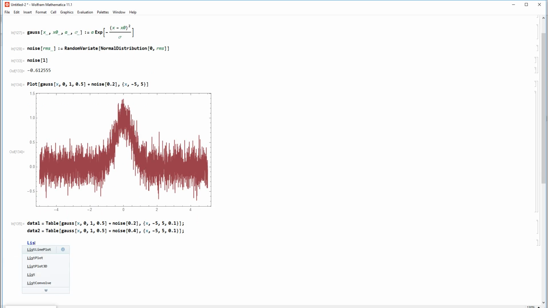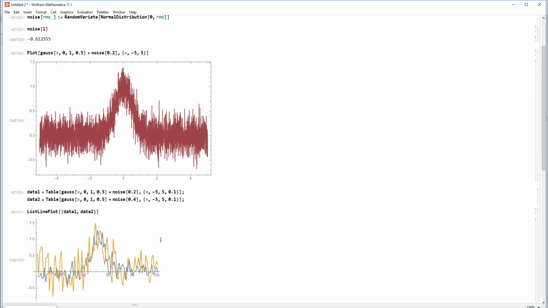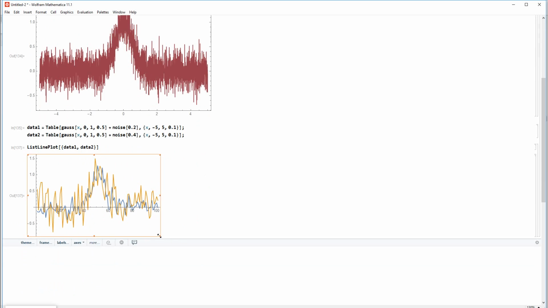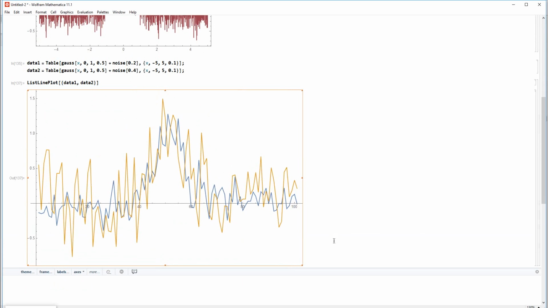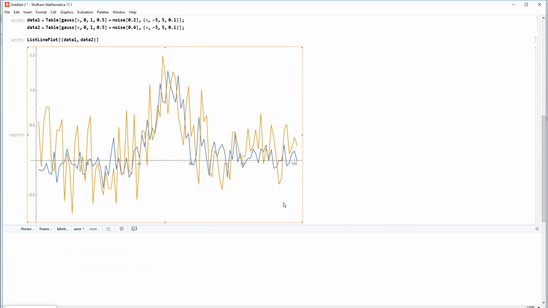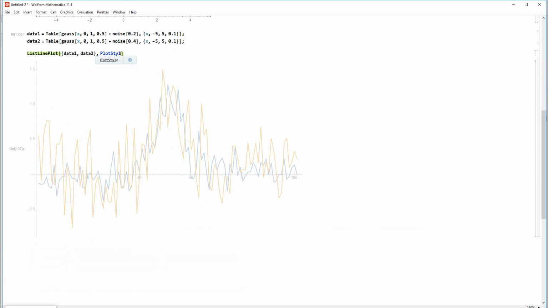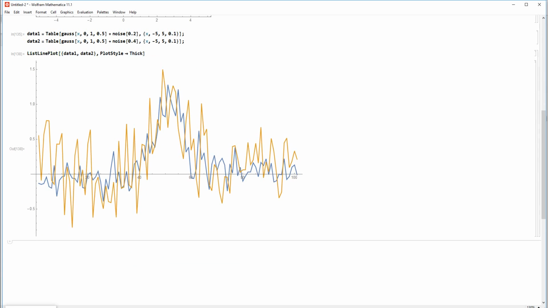Now, if we plot the two datasets, let's make the lines a little bit thicker, that's how it looks.